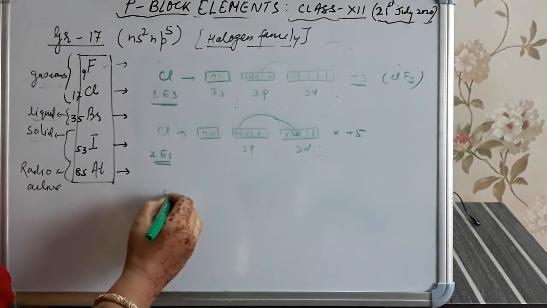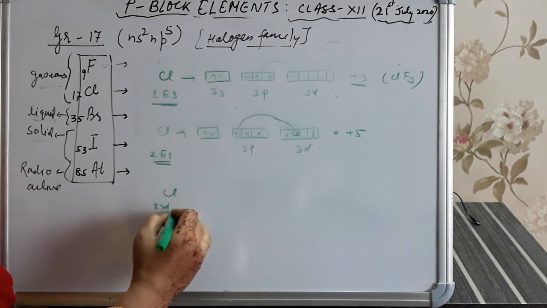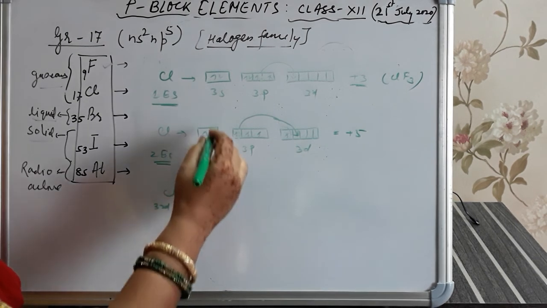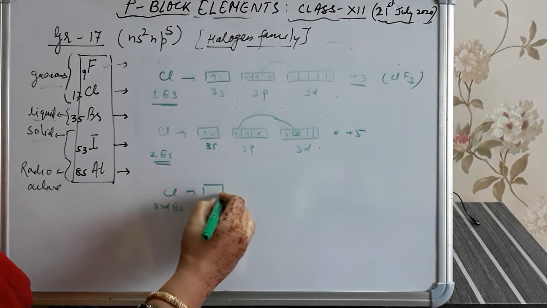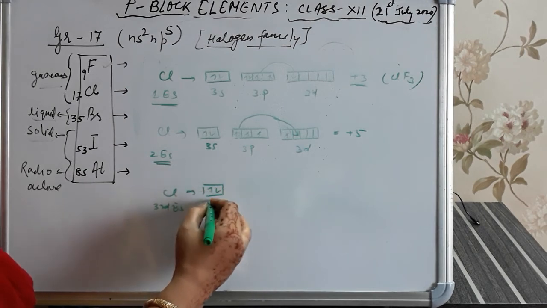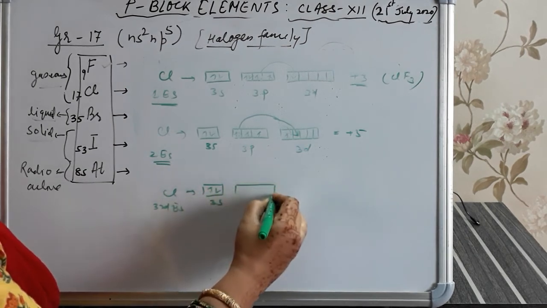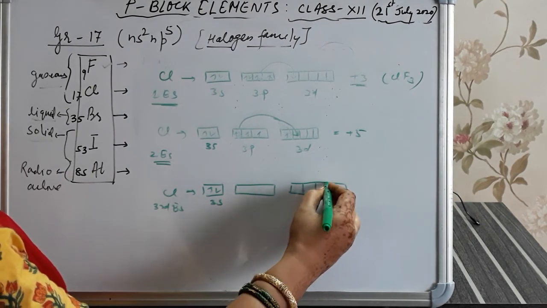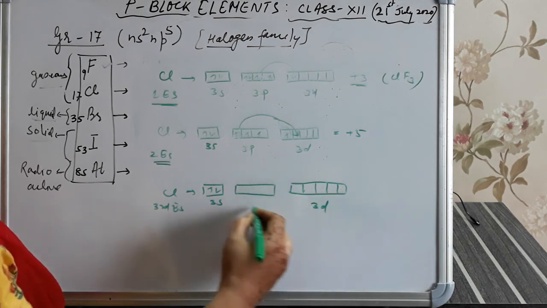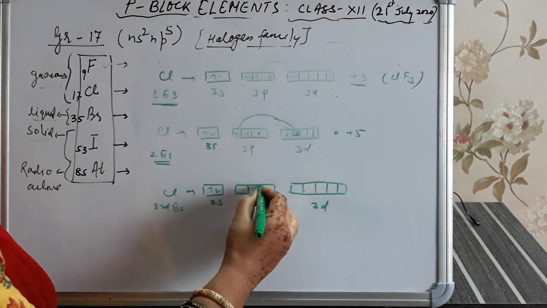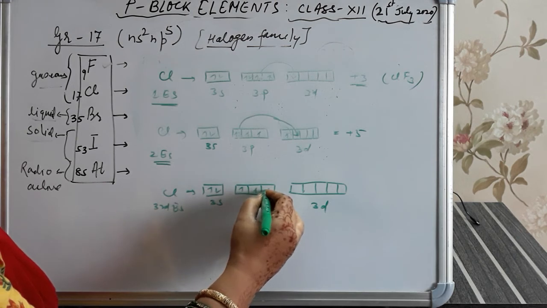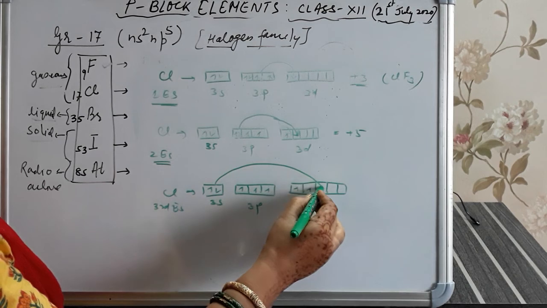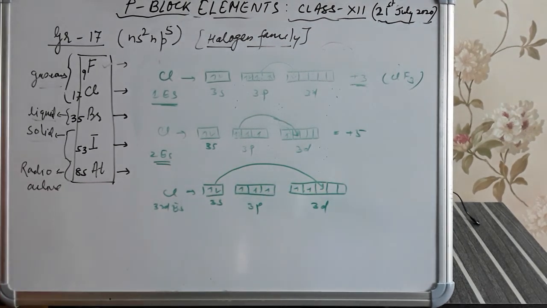Again chlorine, third excited state. In the third excited state, the 3s electron also goes onto the vacant d orbital. So see here, 3s, 3p, 3d, 1, 2, 3, 4 and 5. Now in the third excited state, this electron goes onto this vacant d orbital.